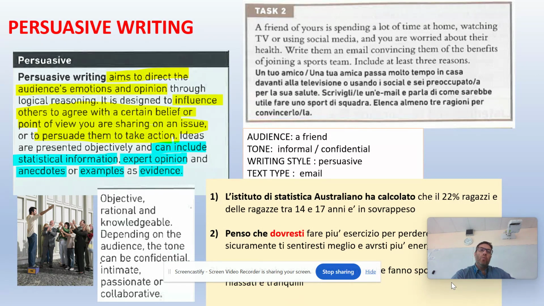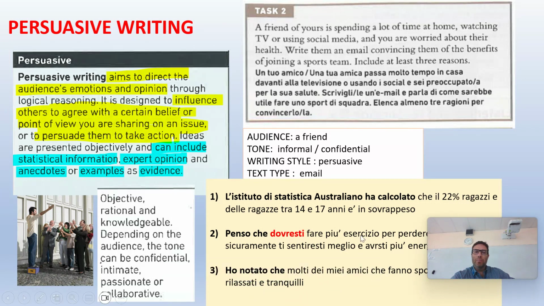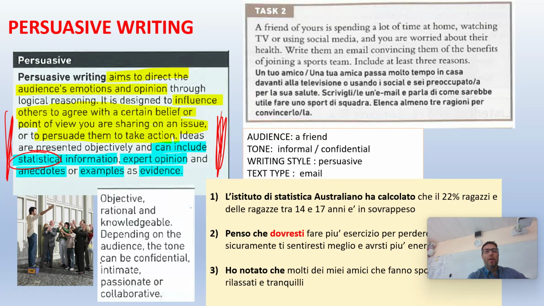You can see here that when you want to persuade, to convince someone about something, you have to include your point of view, but also objective data like statistical information and opinions of experts. Now, be aware that the data doesn't have to be verified.